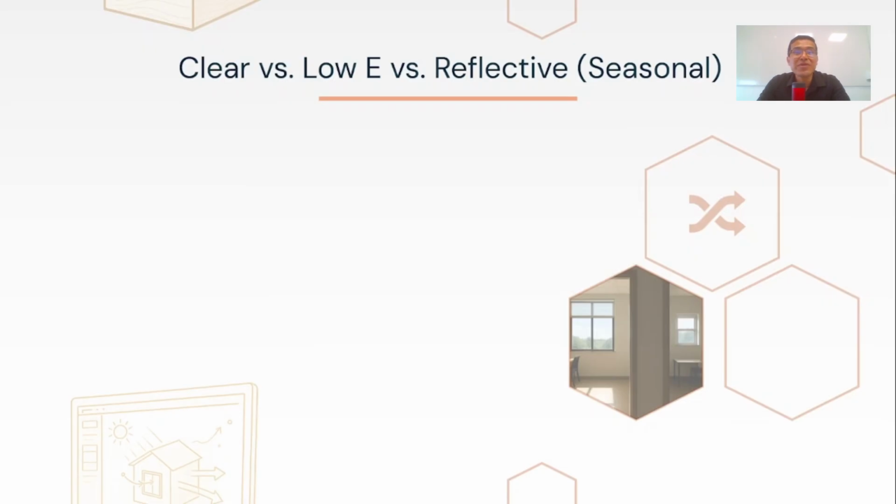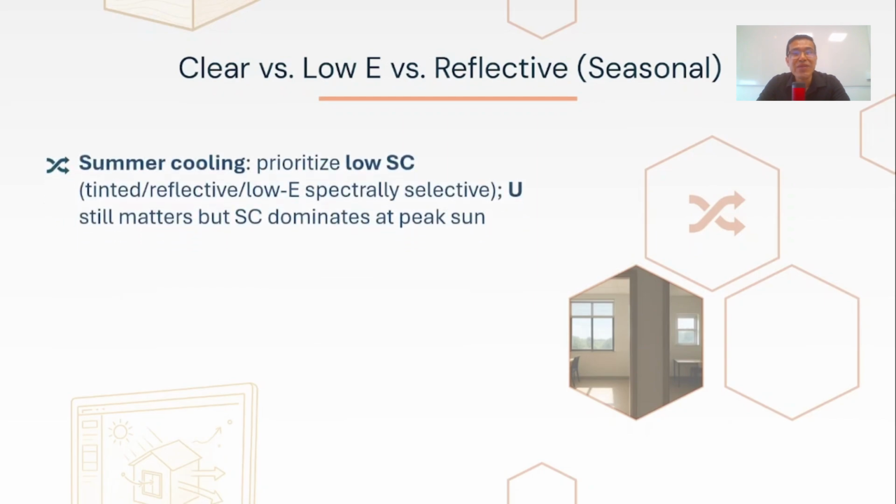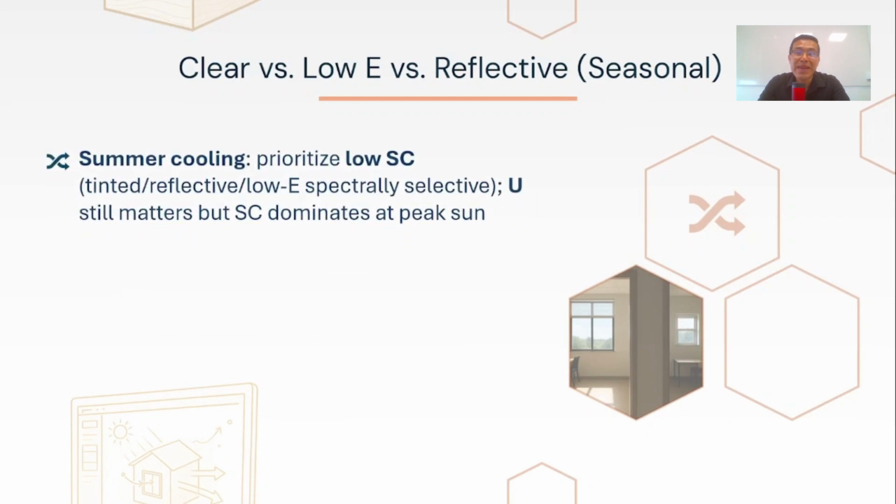When choosing a window, your climate and the season should guide your decisions. For summer cooling, our main goal is to block as much solar heat as possible. In this season, the shading coefficient is your most important number because at peak sun, the solar gain term is usually much larger than the conduction term.